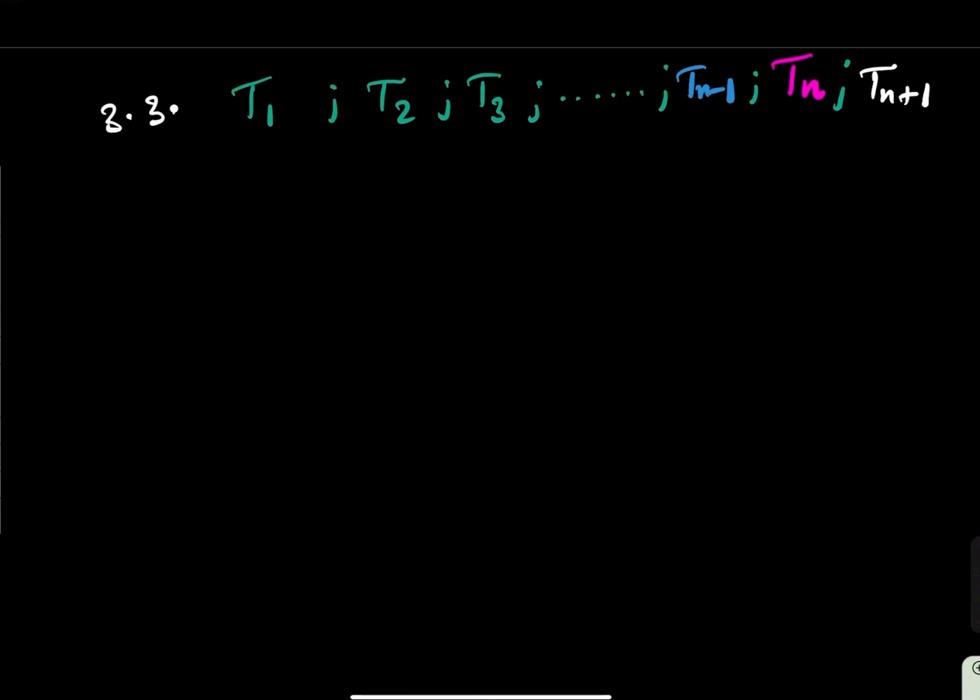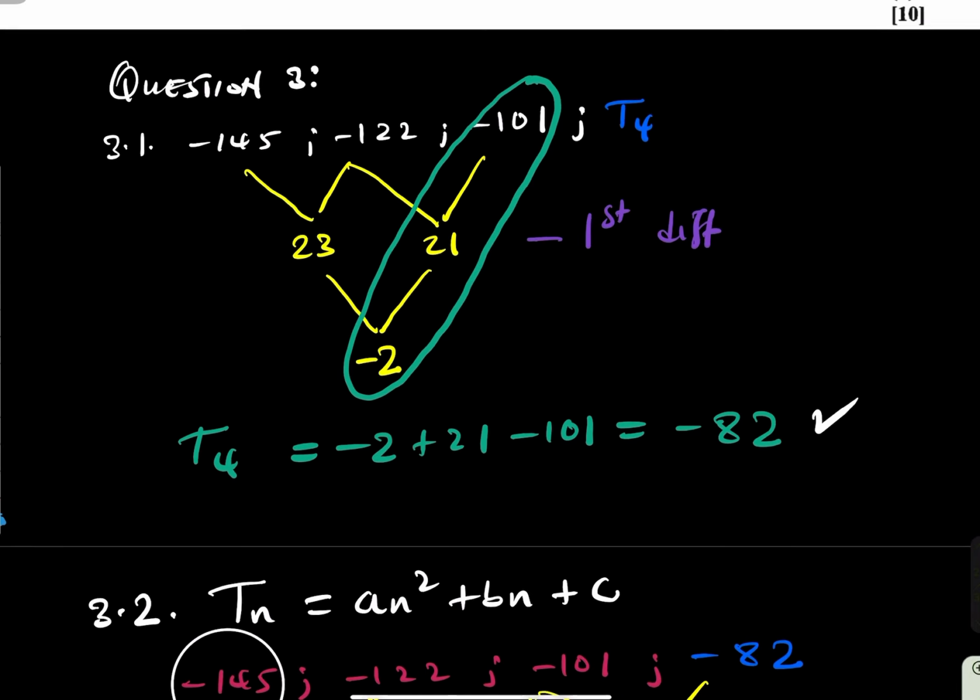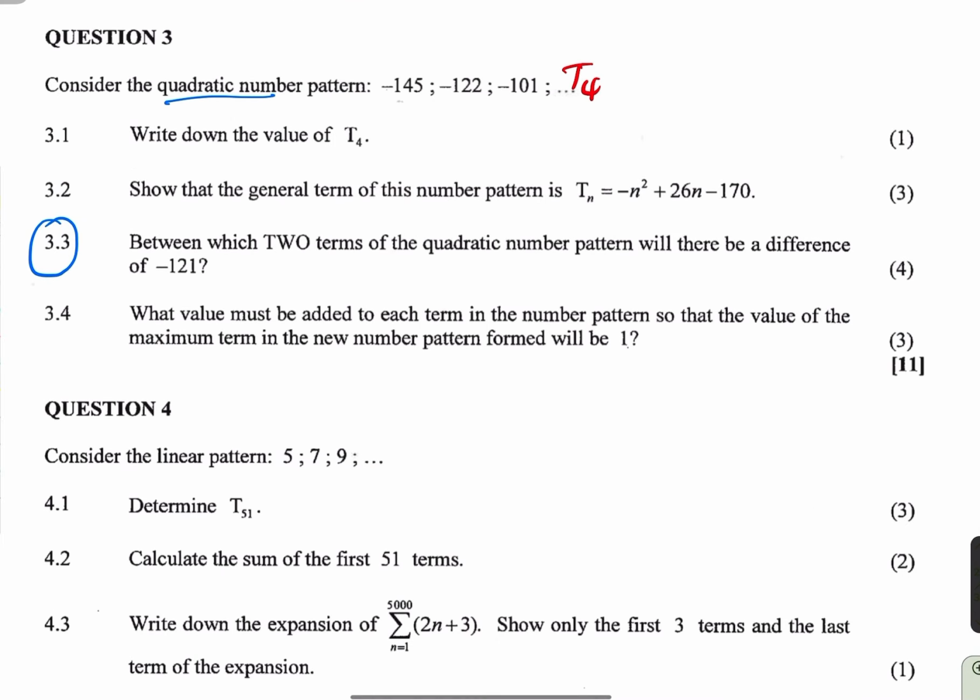So let's read the question again. They are saying between which two terms of the quadratic number pattern will there be a difference? So we are in a quadratic pattern of this one. Sometimes this question can be structured in this way: between which two terms of the quadratic number pattern will there be a first difference? Right now we're talking about the difference of the quadratic pattern.